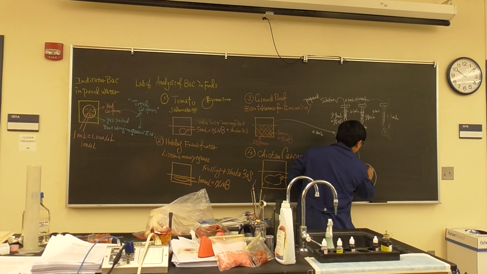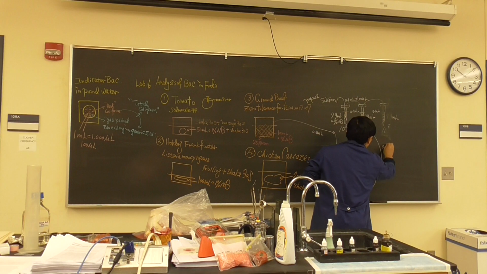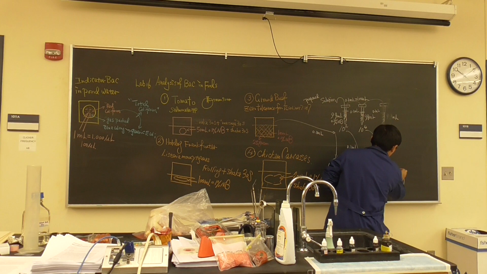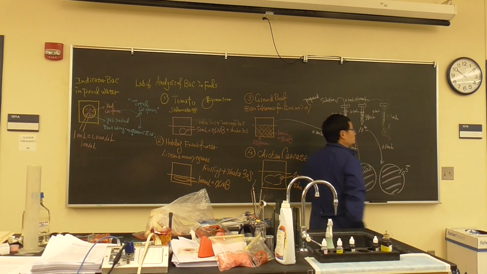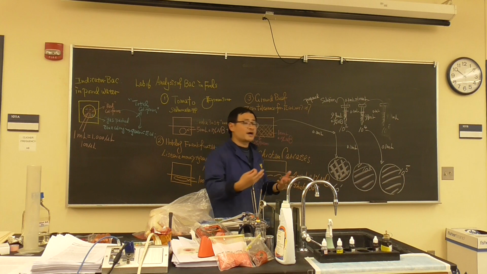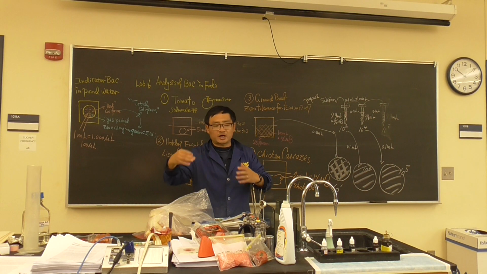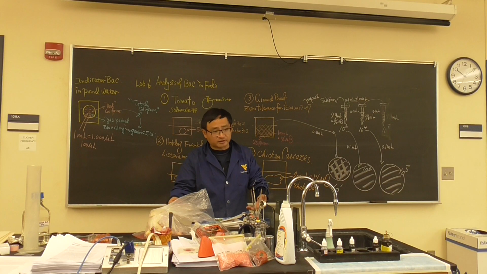This is 10 to the power of 3 spread plating. The last one, 0.1 ml onto the agar plates, spread plating. This is 10 to the power of 5. This averagely will cover the multiple dilution factors.